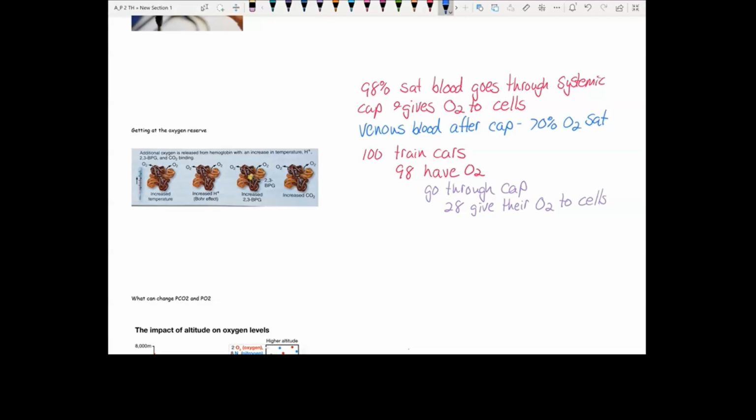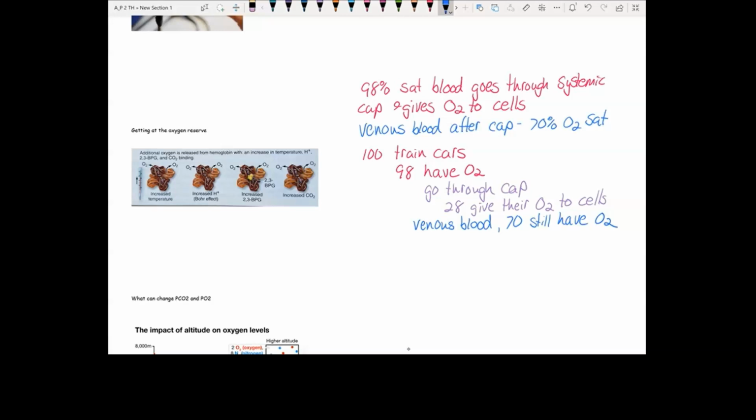Now you have your venous blood, where 70 still have their oxygen. So that's what's happening in a normal, healthy adult at rest.